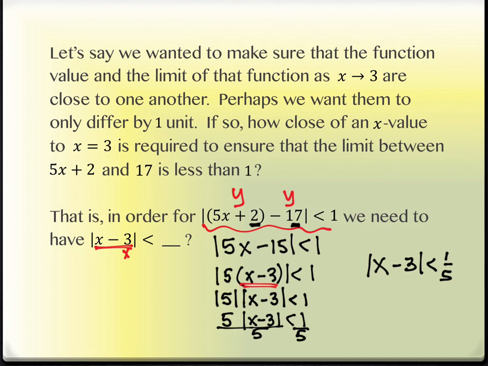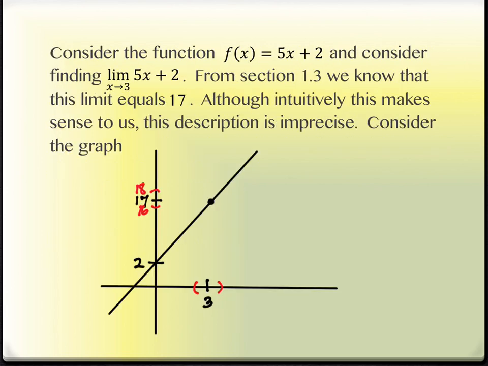So on the y-axis, if I'm within 1 of 17, I can't be within 1 of 3. That's not close enough. So over here, these values actually can only be 1/5 away from 3. So in a very real sense, this is 3 1/5, and this is 2 4/5. It has to be tighter around the x-axis on this particular equation than it is on the y-axis.